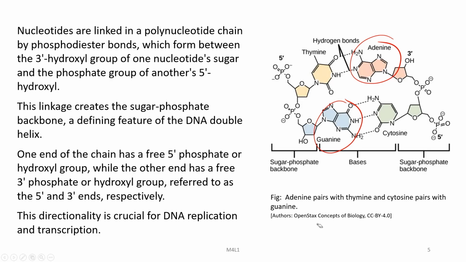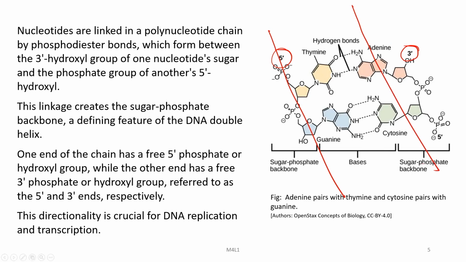Now, let us look into one end of this chain. You can see here a 5' end, and in the other strand we can see a 3' end, and this is one polymer and this is another polymer of the polynucleotide chains.